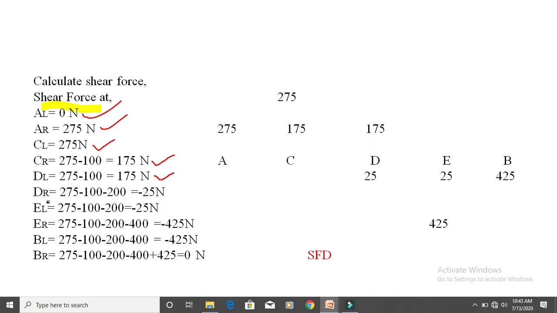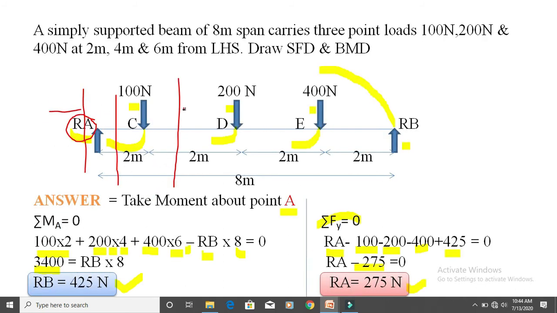The next is D of right. D of right is equal to 275 minus 100 minus 200, equal to minus 25 Newton. It means now this line is drawn right to the D. So you should draw here, right to the D. Now see the left of that line.